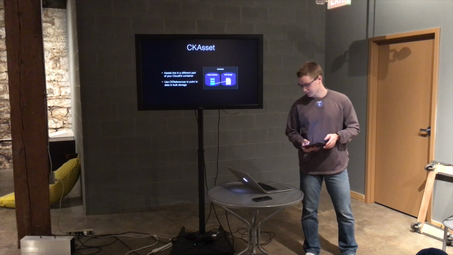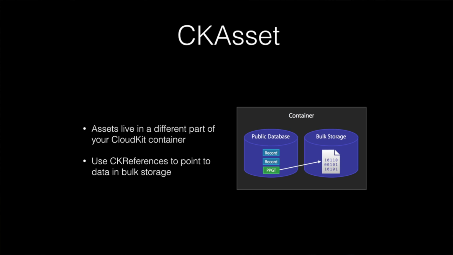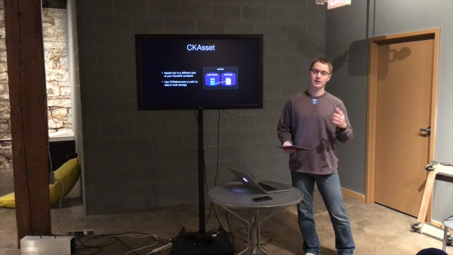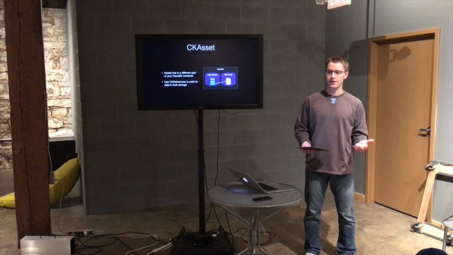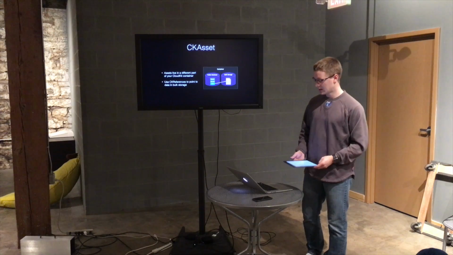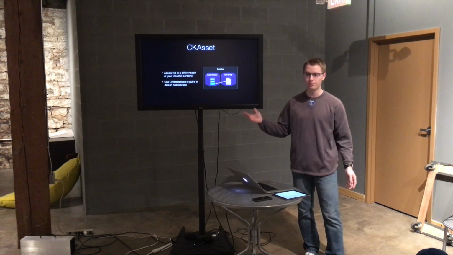And then we have assets. Assets live in a different area inside of your container. So your container has the private database, the public database, and then what they call bulk storage.